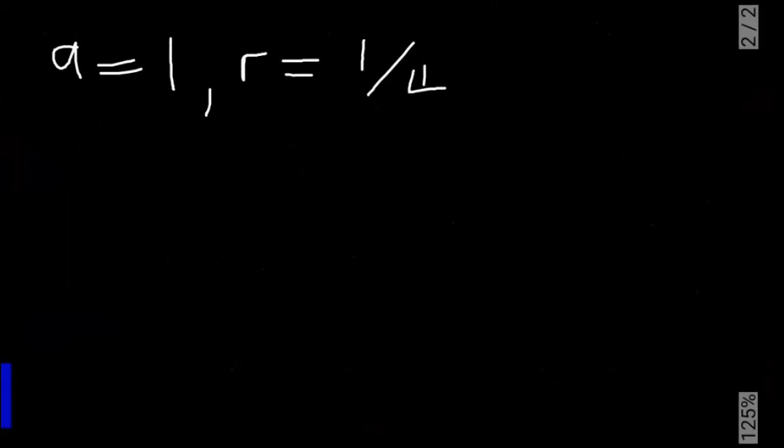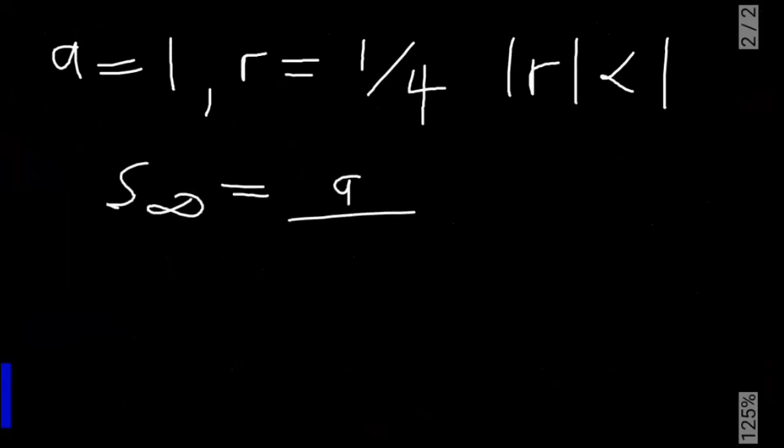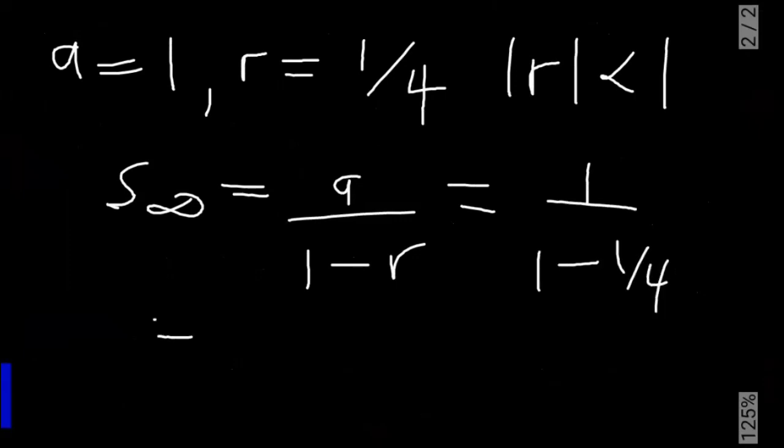According to the formula, we have the magnitude of r as less than 1. So we have sum to infinity equal to the first term over 1 minus the common ratio. So we have a, which is 1 over 4, over 1 minus r, which is 1 minus 1 over 4.